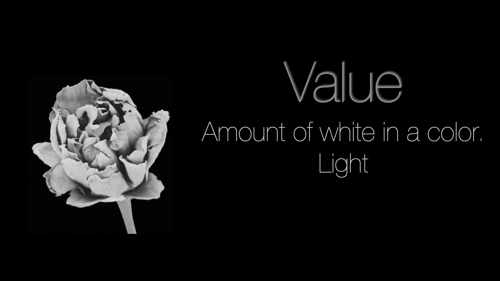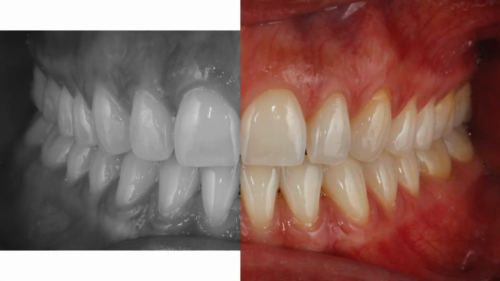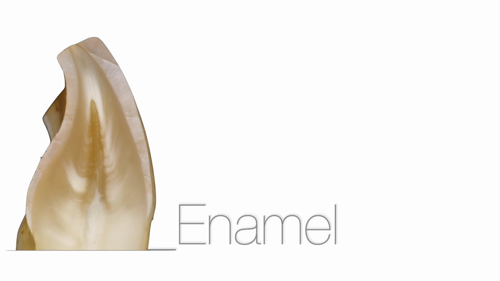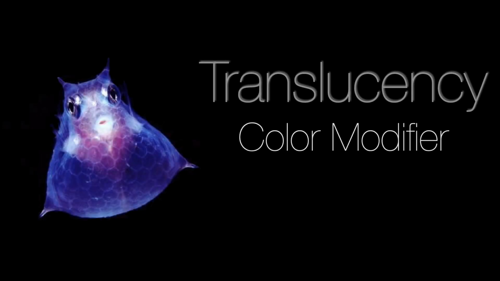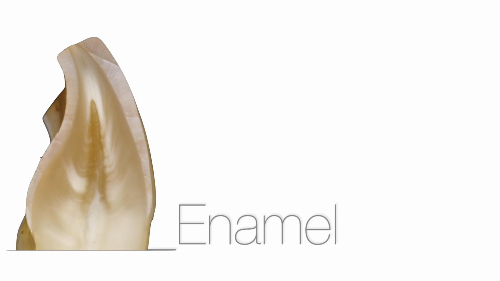The value is the amount of white in a color, or the light in a color, and we can only see that in black and white pictures. It is inherent to the enamel. The enamel is like a color changer.